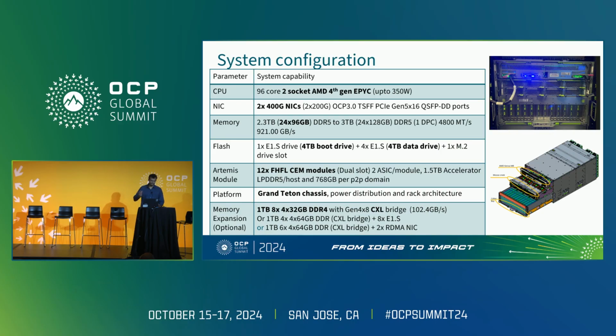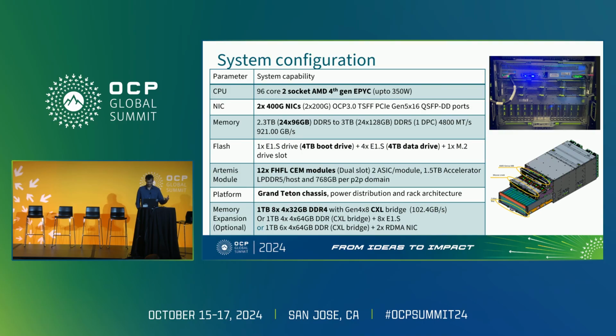The ASICs have on-chip SRAM memory as well as LPDDR5 memory on the board. Since our applications are memory heavy, the overall tray has about 1.5 TB of LPDDR5 memory. The host memory is sized accordingly to support 2 TB, and then we have additional expansion options through CXL.